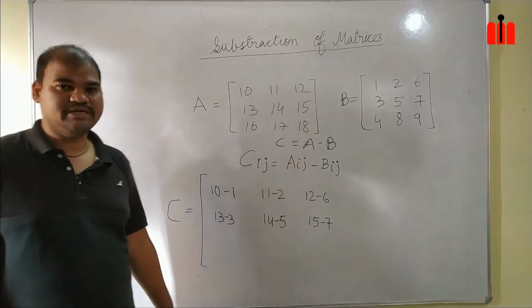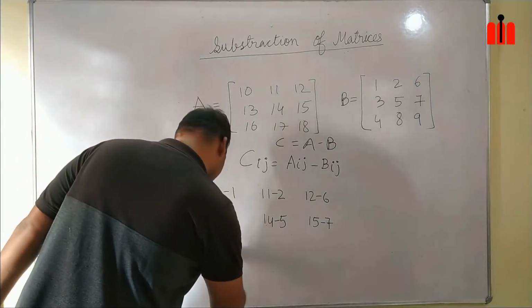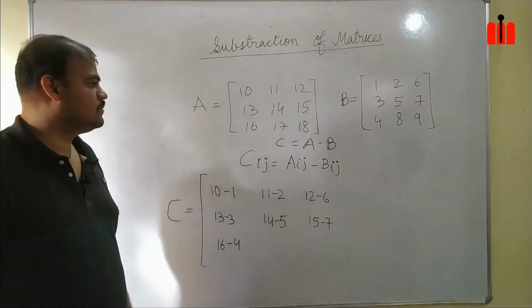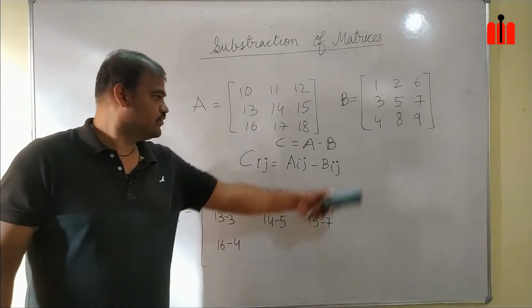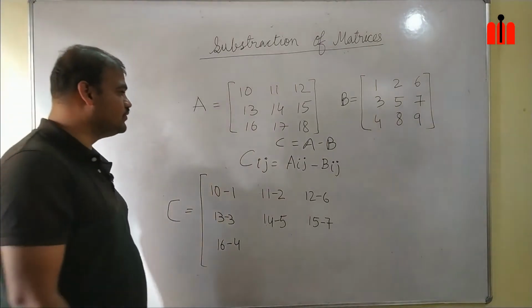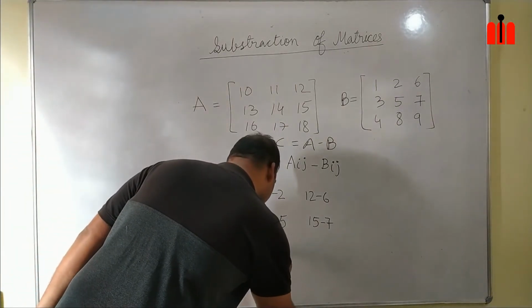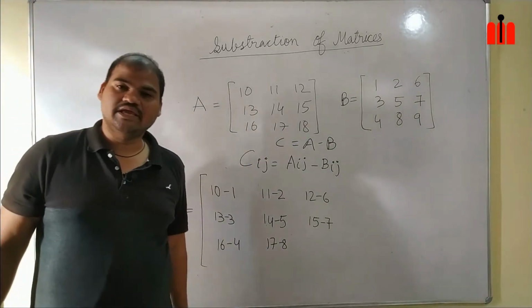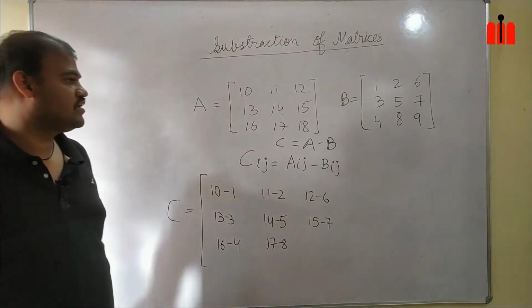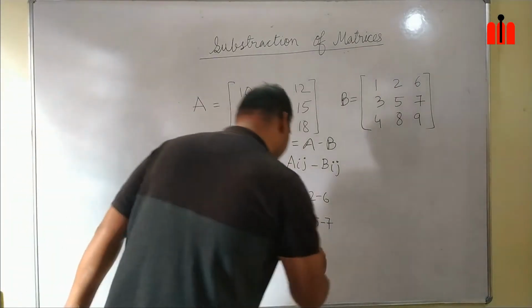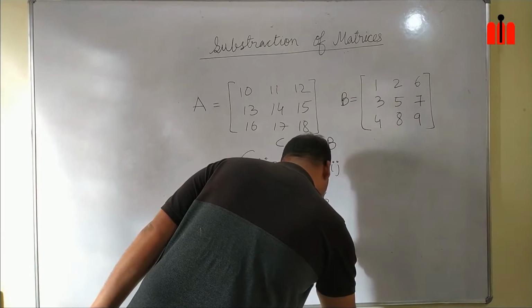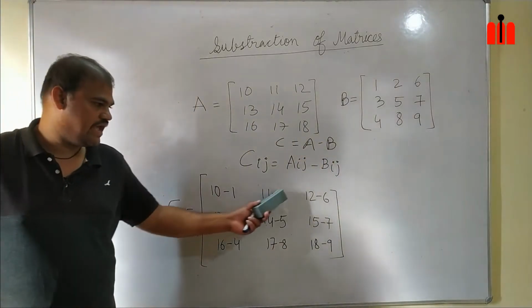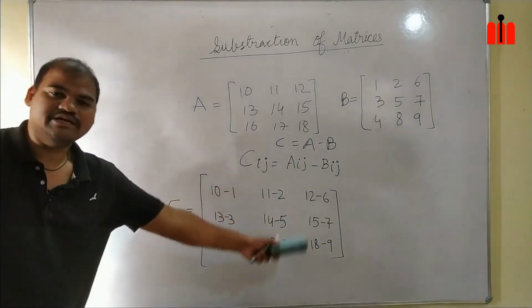A31 minus B31, 16 minus 4. A32 minus B32, 17 minus 8. A33 minus B33, 18 minus 9. So these are all my Aij minus Bij elements.